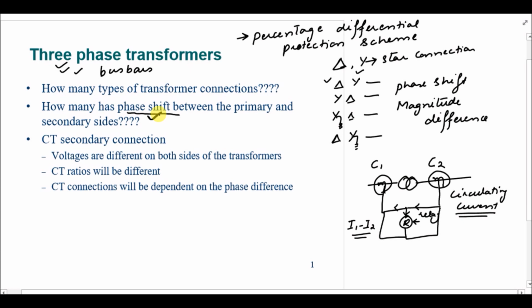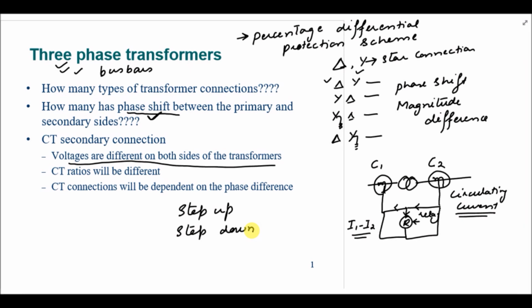Secondly, the voltages on both sides of the transformer are different, whether it is a step-up or a step-down transformer. So the current will be different, and therefore we have to use different CTs on the primary and secondary side of the transformer.